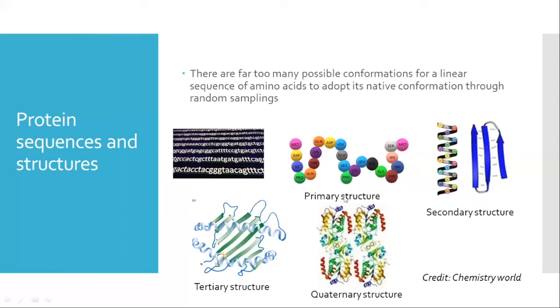For the secondary structure, when these linear sequences fold, we have the helices, beta sheets and beta strands. Then moving on, we have the tertiary structure of the protein, wherein the helices, beta sheets and beta strands come together with the help of turns and loops. Finally, we have the quaternary structure, when the various subunits come together and form a functional protein.